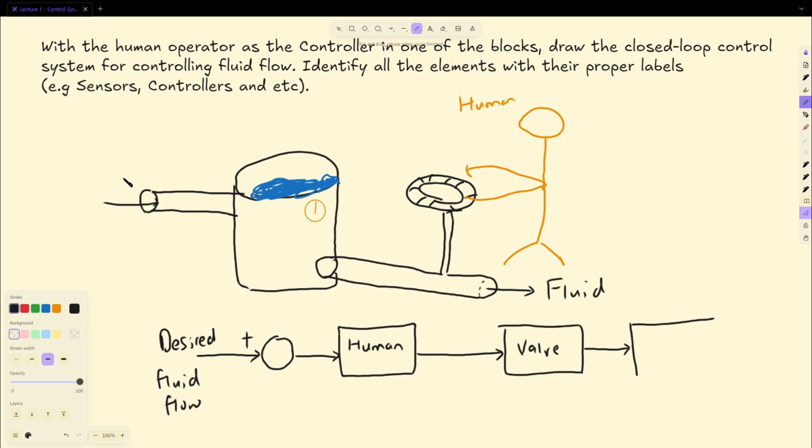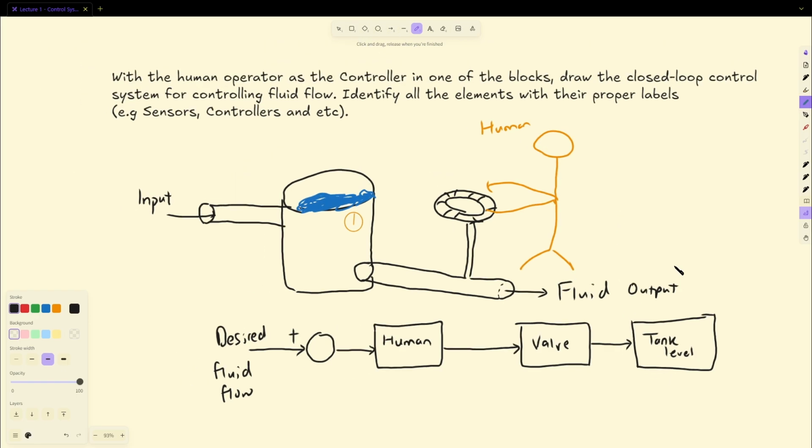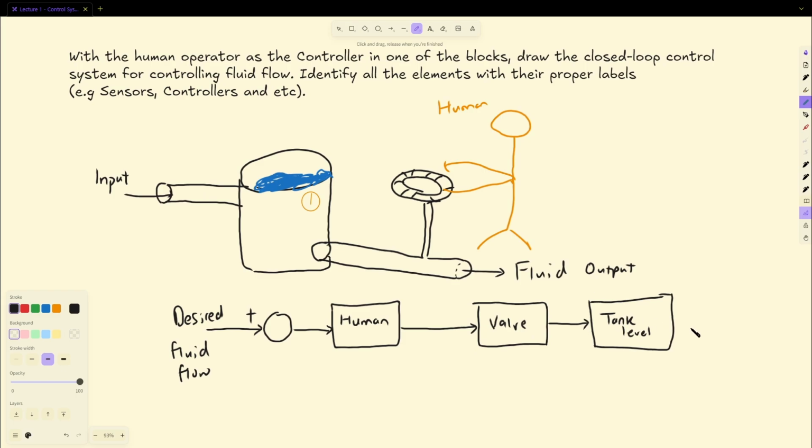Perhaps it would be better if I defined it earlier, but that is my bad. So we have the valve. Now, what's the process? It's the tank level, and then this is going to give us the actual fluid flow.